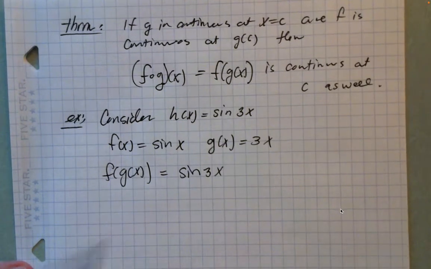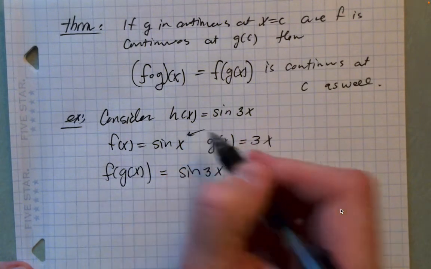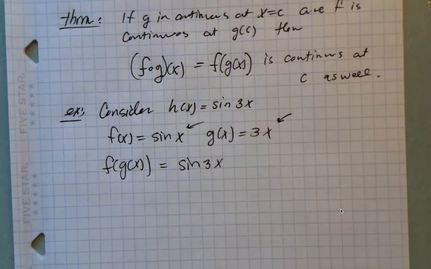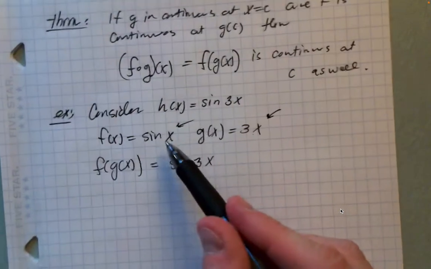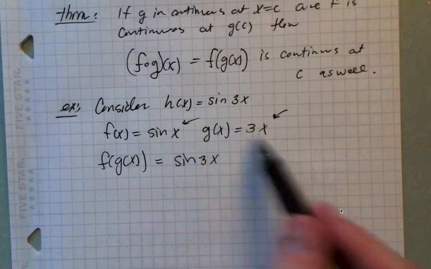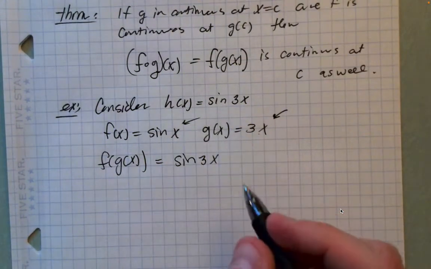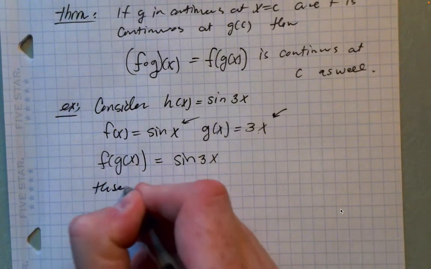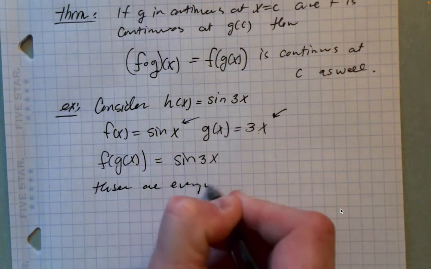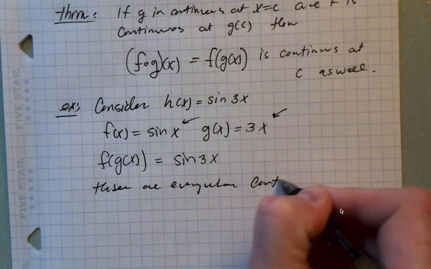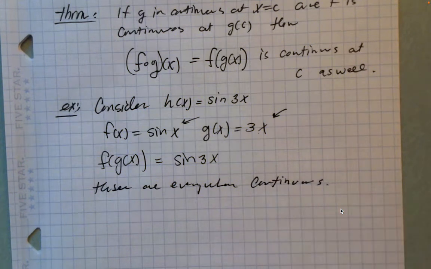Note that f and g, individually, these two are everywhere continuous, right? One's a polynomial, the other's a trig function. We saw that these are everywhere continuous, basically continuous at all real numbers.